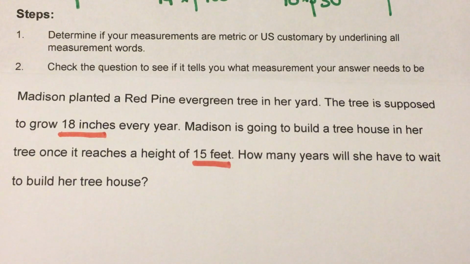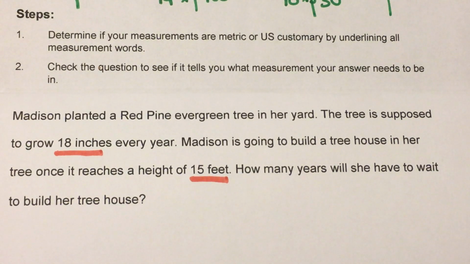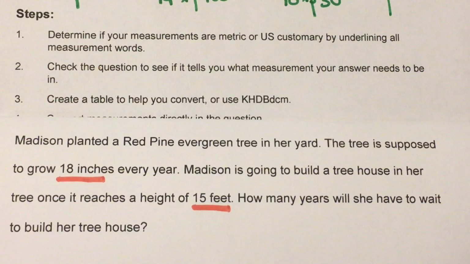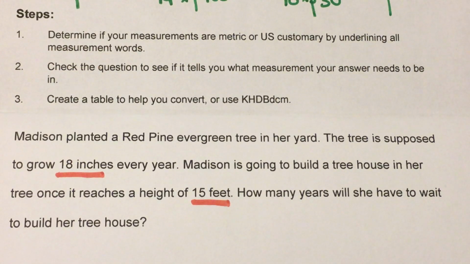Okay, step 2 says, check the question to see if it tells you what measurement your answer needs to be in. Well, my question says how many years will she have to wait to build her treehouse? So it really doesn't matter if I change the inches to feet or the feet to inches. Okay, so step 3 says, create a table to help you convert or use King Henry.